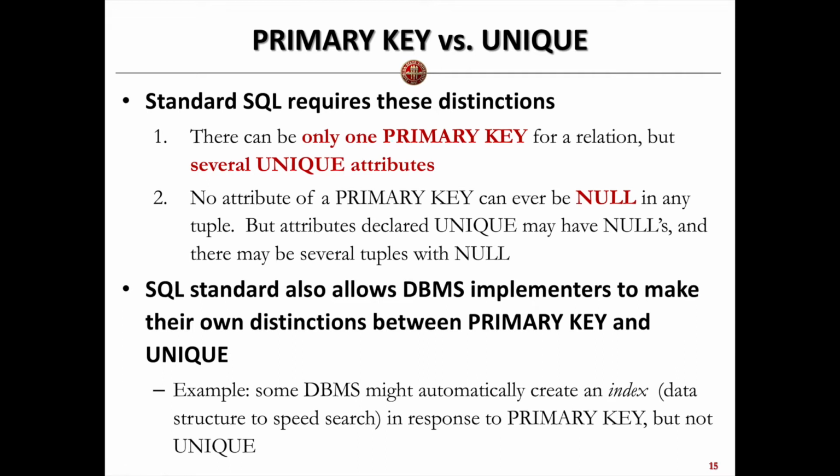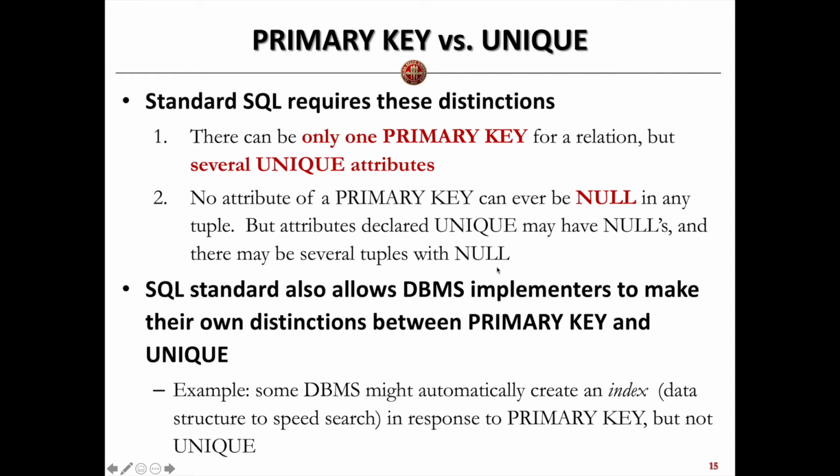It should always have a valid value inside this table. However, if we declare some attributes as unique keys, we allow the data tuples to have nulls inside these entries for this attribute. And there can also be many tuples with a null value.